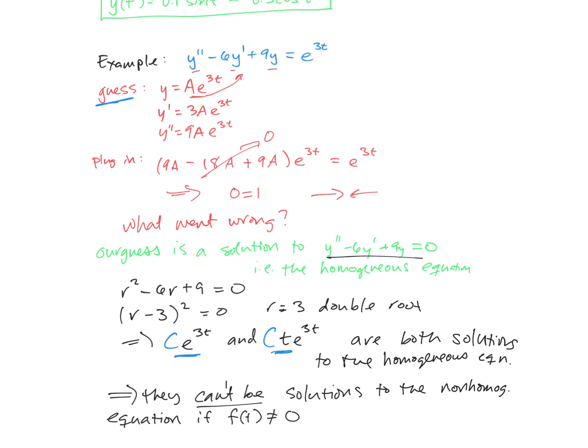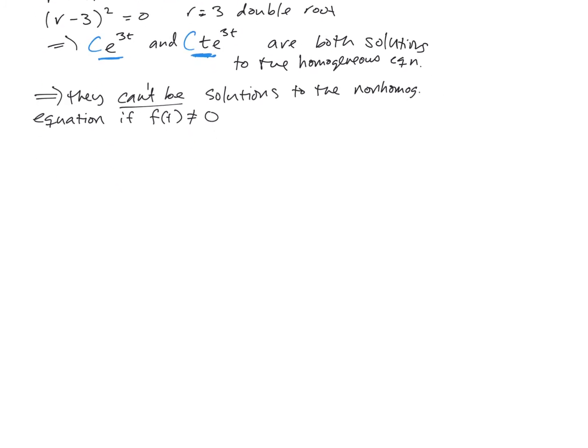The thing we guessed was multiplying it by a t, because a t times an exponential still worked out in the linear combination. We can't guess t again. We know that t e to the 3t is not going to be a solution here. So a natural guess would be a t squared. So that's going to be the guess that we make.